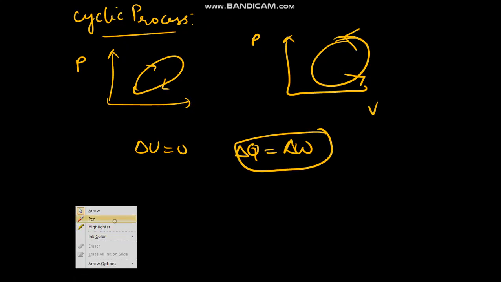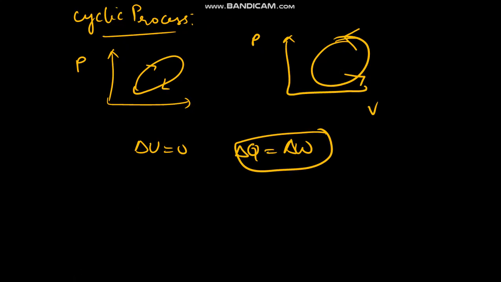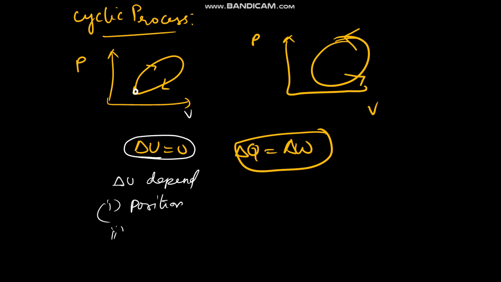Now let us see the cyclic process. Cyclic process means initial and final states are the same. Delta U is 0 for a cyclic process because internal energy depends on position and temperature.